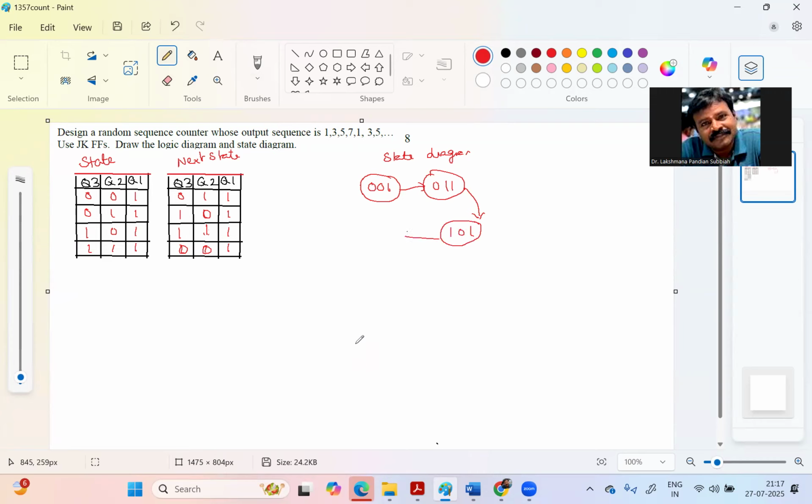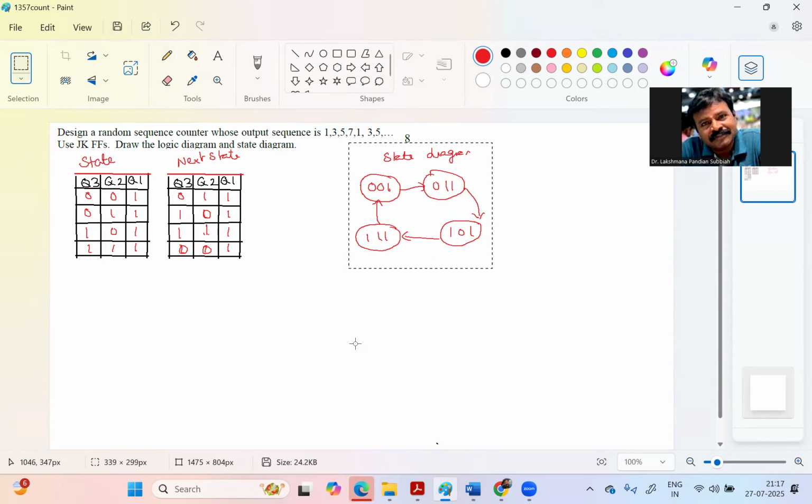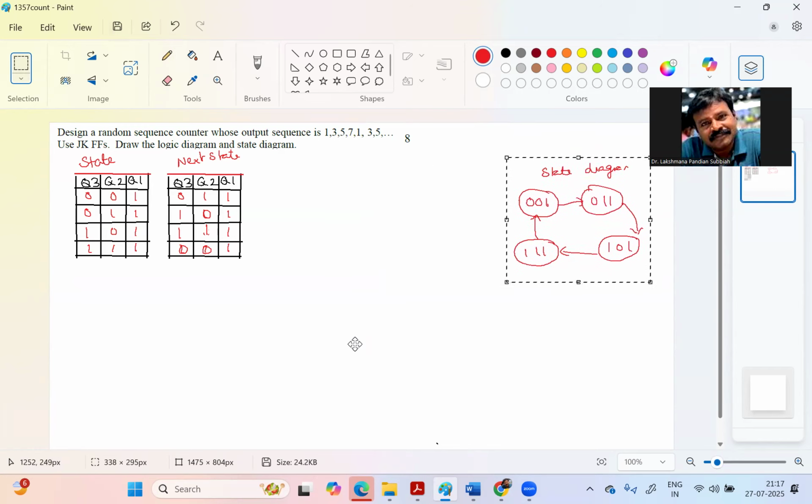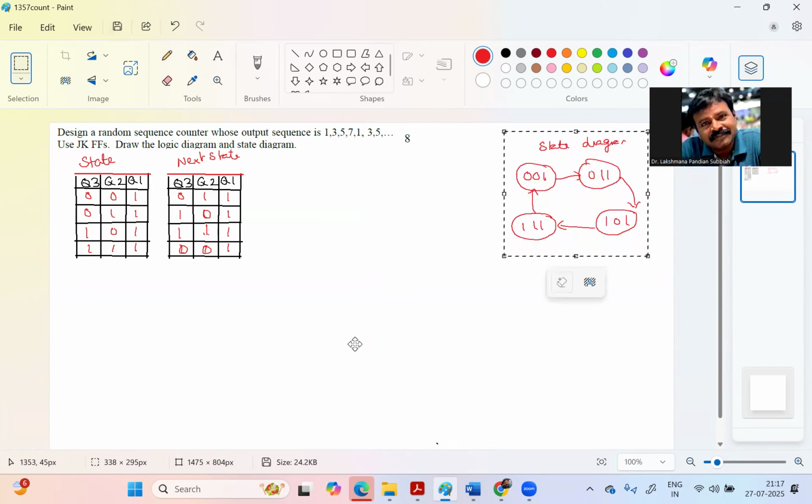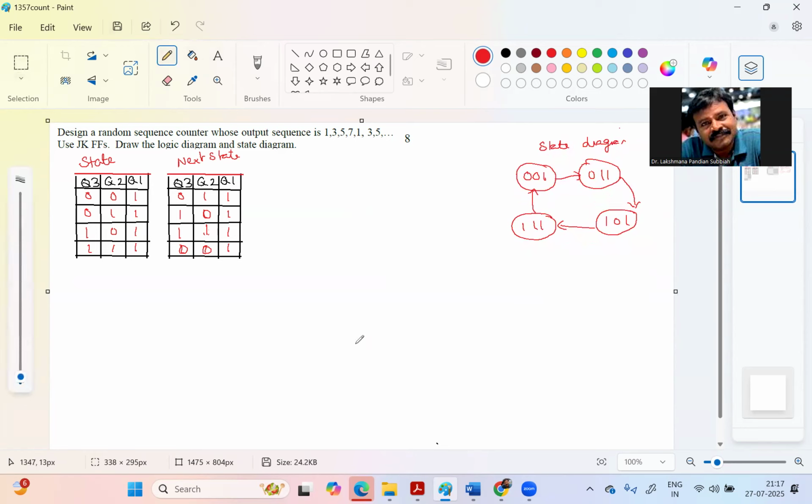Then next it will go to 7. And next it will go back. Here there is the present state, this one is the next state. This is the state diagram.